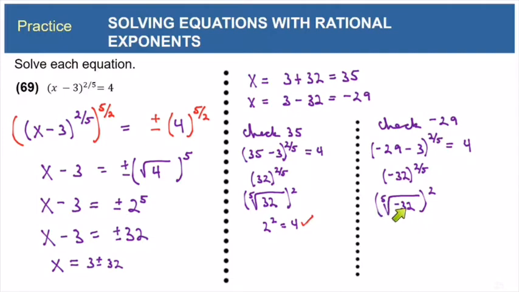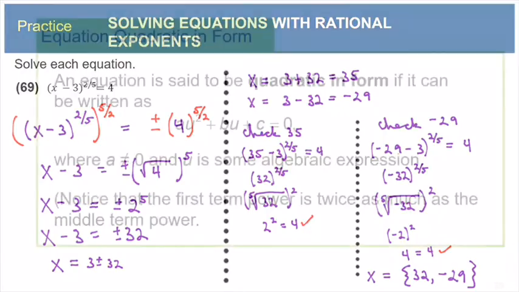Now the 5th root of negative 32 needs to be negative 2. So now I've got negative 2 squared, and of course negative 2 times itself is positive 4. And again, that matches the right side of our equation. So this solution checks as well. And our final solution here is x equals positive 32 and negative 29.